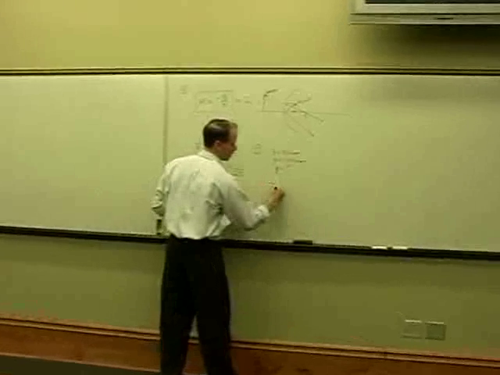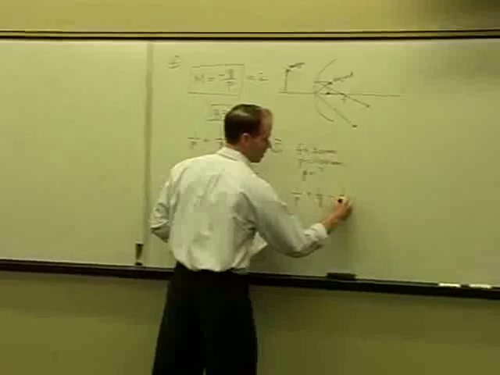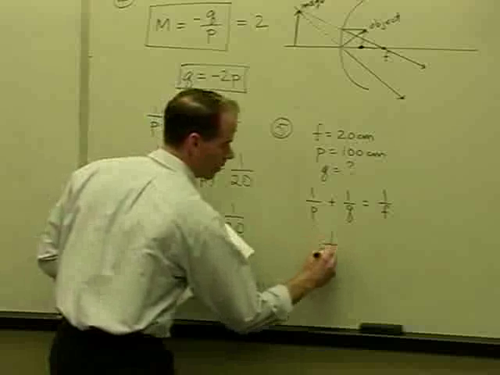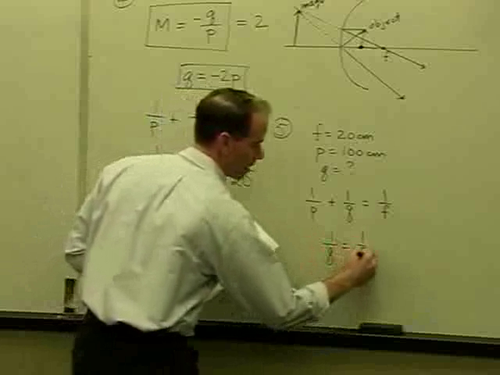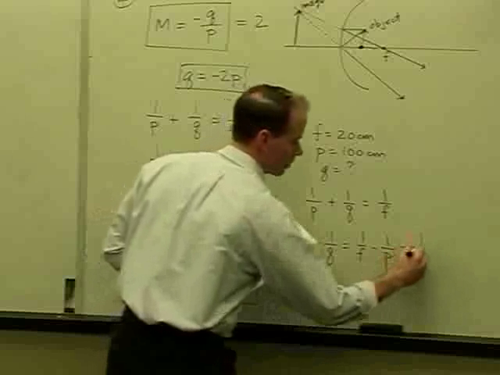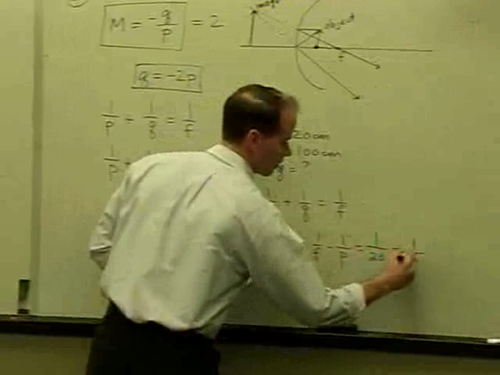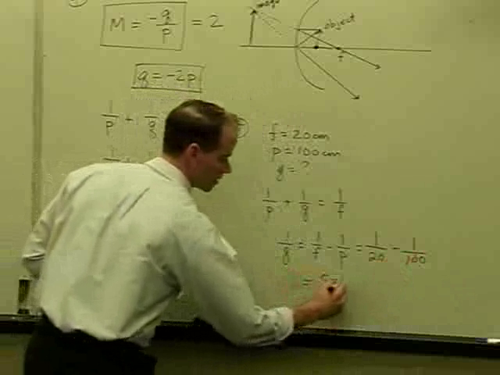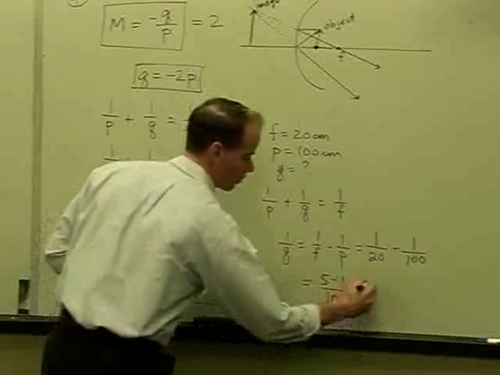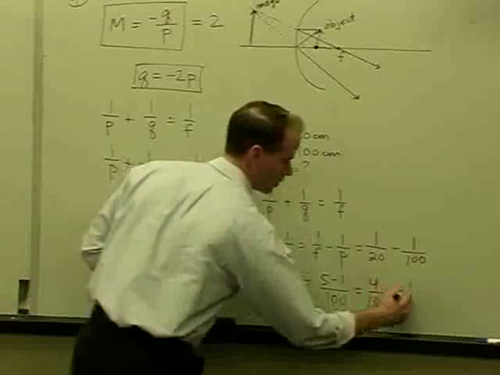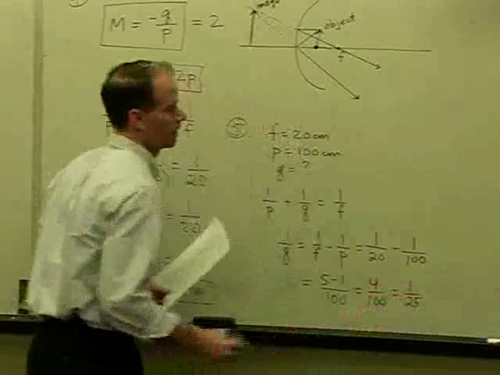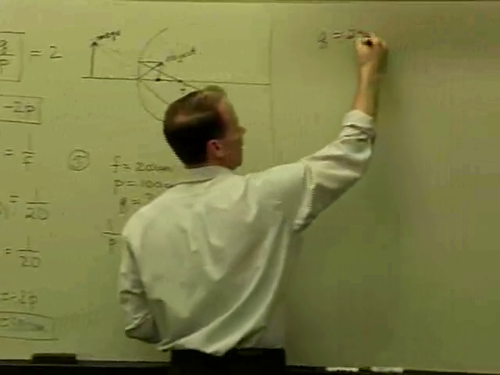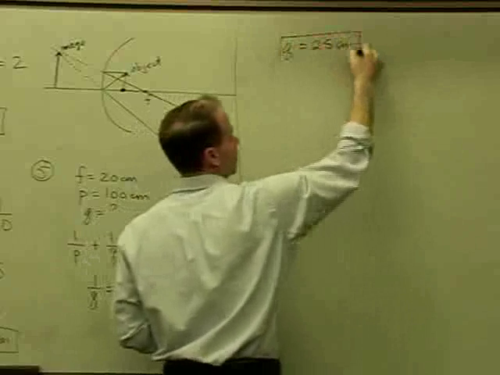So 1 over P plus 1 over Q equals 1 over F. And so we have 1 over Q is equal to 1 over F minus 1 over P. That's 1 over 20 minus 1 over 100. So that's going to be 5 minus 1 over 100, 4 100ths, or 1 over 25. So Q is going to equal 25 centimeters.